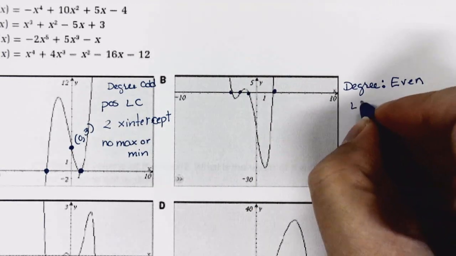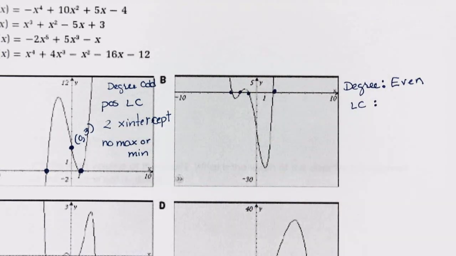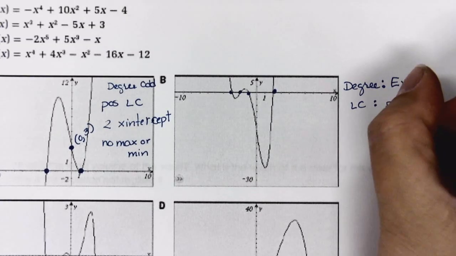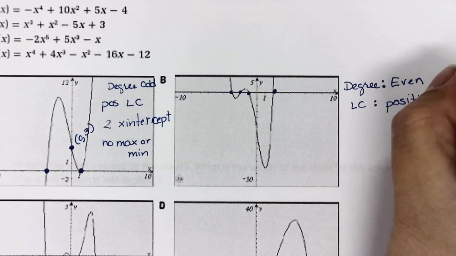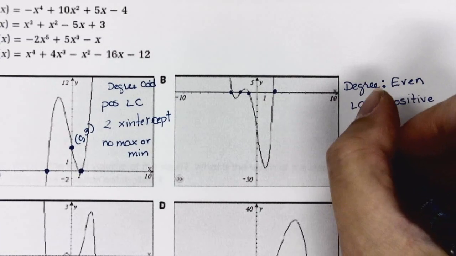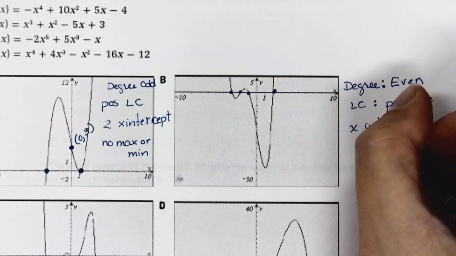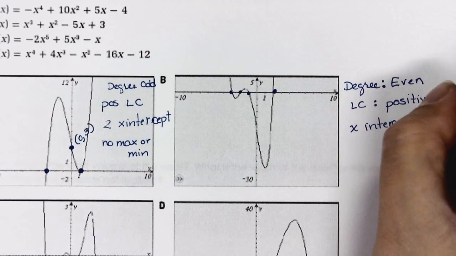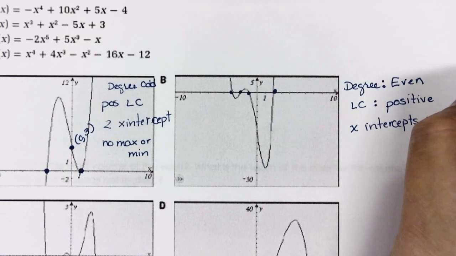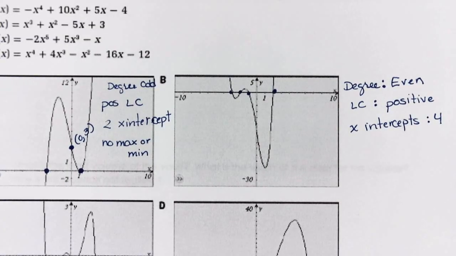Oh, I forgot to do my leading coefficient. Is that positive or negative? Which way is my graph opening? Up. So what do we know about the leading coefficient? It's positive. Think about your parabolas, right? This is not new. And x-intercepts, we said 4. And then what else?